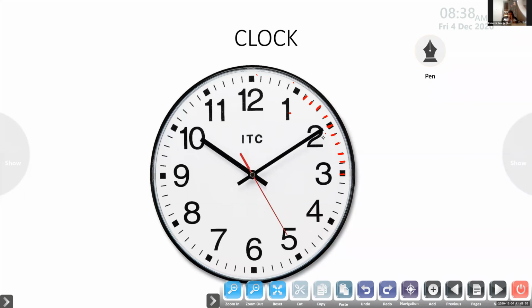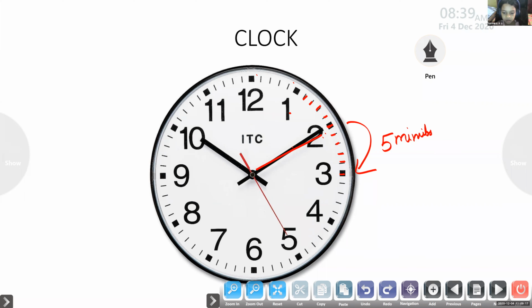From 3 to 4, 5 minutes. From 5 to 6, 5 minutes. When the minute hand moves from one number to the next, it takes 5 minutes.